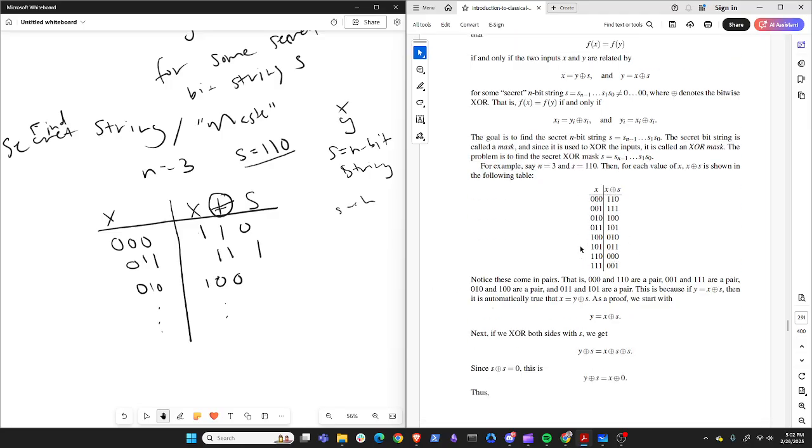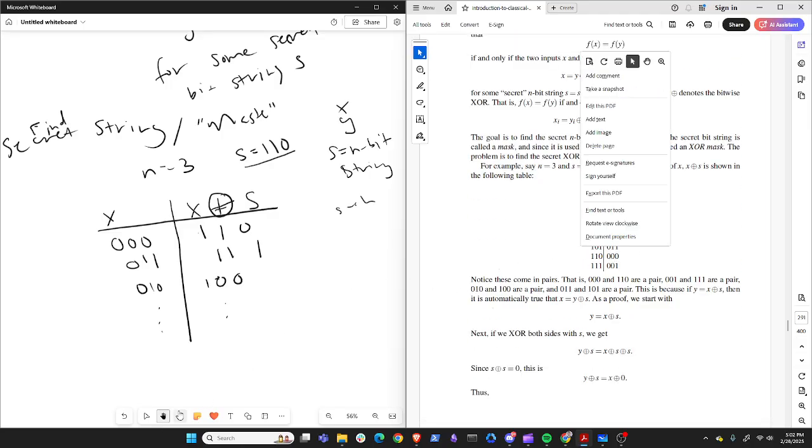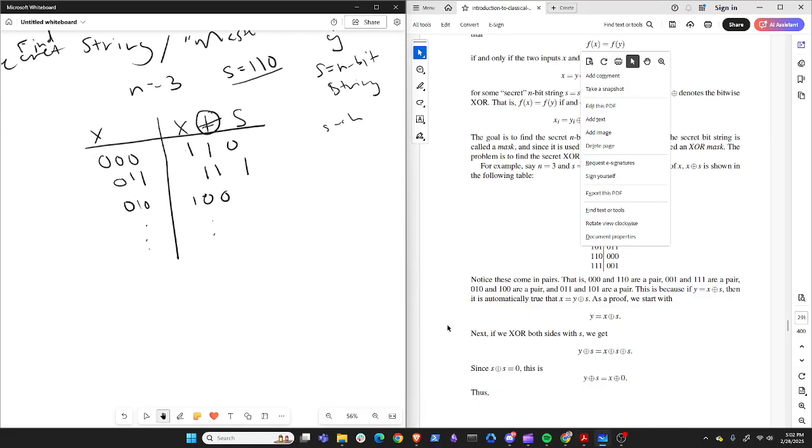This is because if Y equals X XOR s, then it's automatically true that X equals Y XOR s. So we can take a look and prove this.